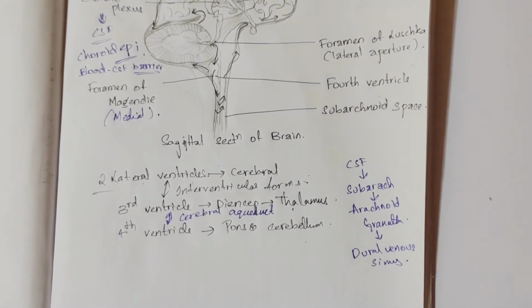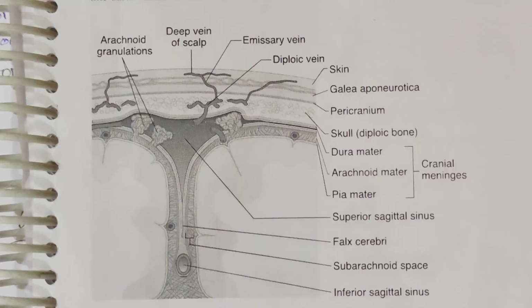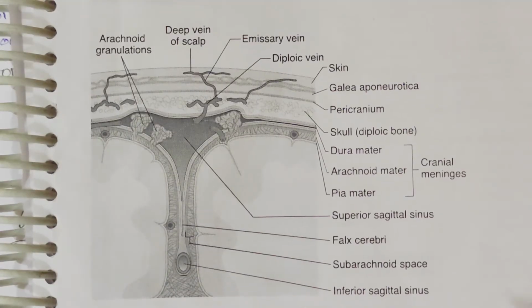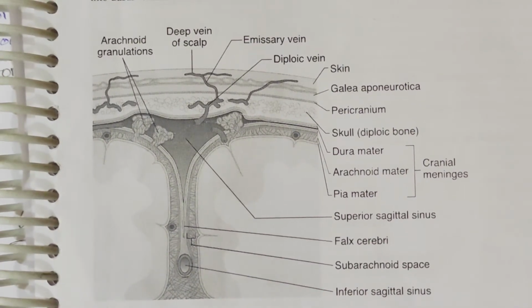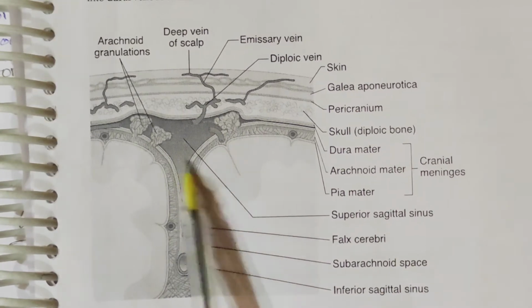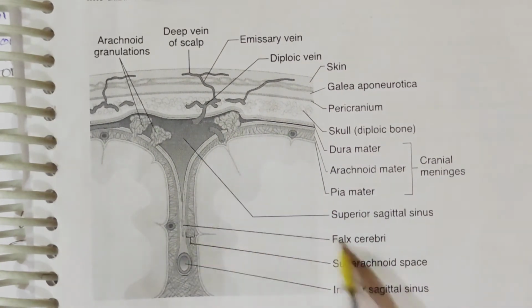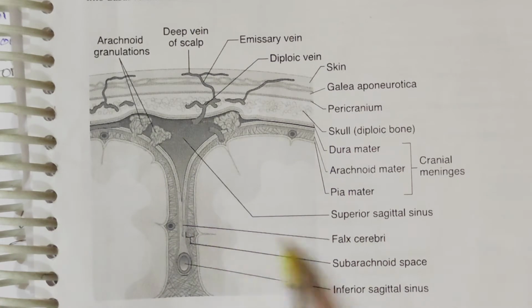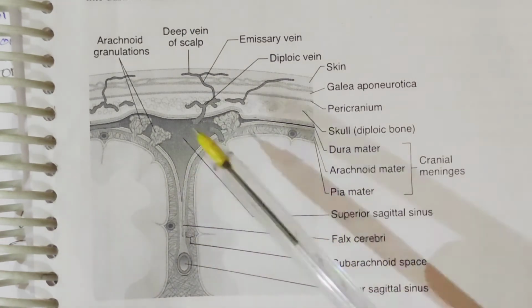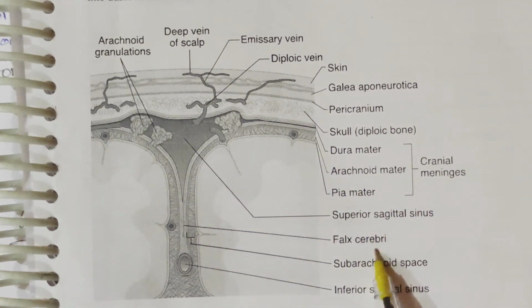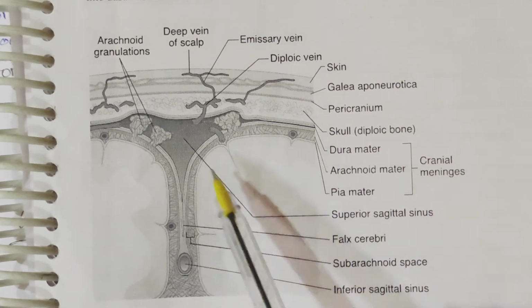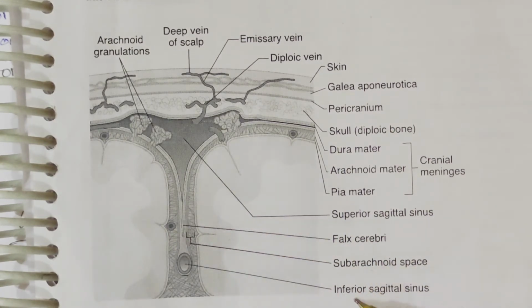The sinuses here, we can see in this picture, are the superior sagittal sinus, which is the superior part of the falx cerebri, and inferior to this is the inferior sagittal sinus.